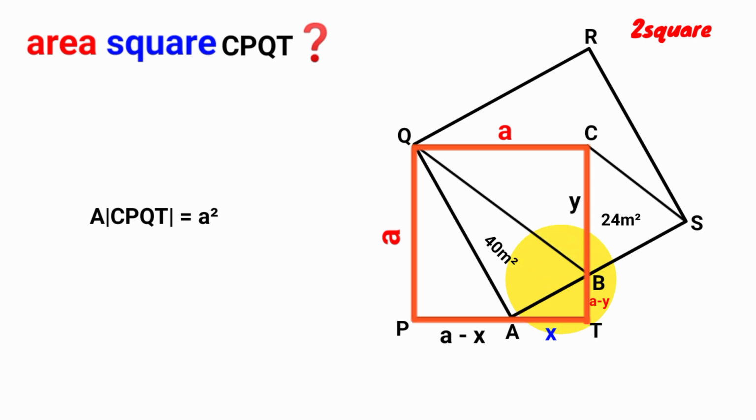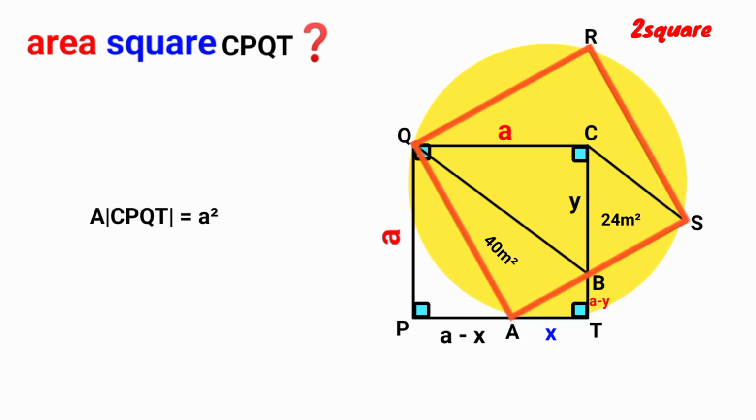Now another property of the square we haven't mentioned is that all four of its angles are right angles. So this angle, this, and this are right angles. The same properties we mentioned for this square are also applicable to this square here. All its sides are equal in length.